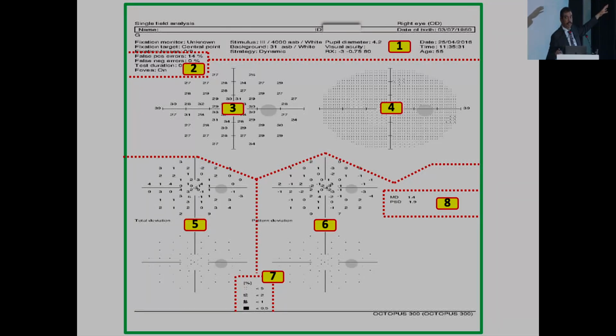Then you come to the fixation, whether it is a central point of fixation or is it parafoveal. It's a central point of fixation. Then you have the stimulus, which is 3. 3 is fair enough. Then you have the strategy, but in this it is G dynamic, that is in the Octopus. But usually what else you have? What is the Humphreys pattern?